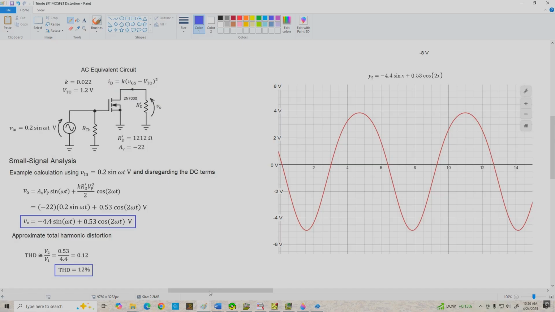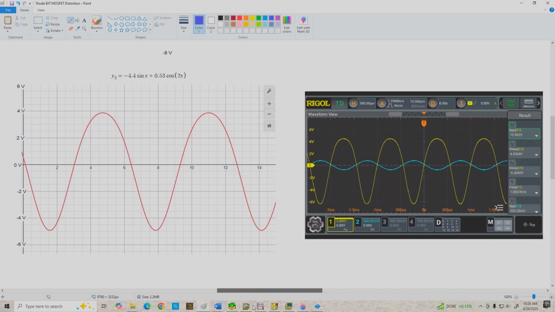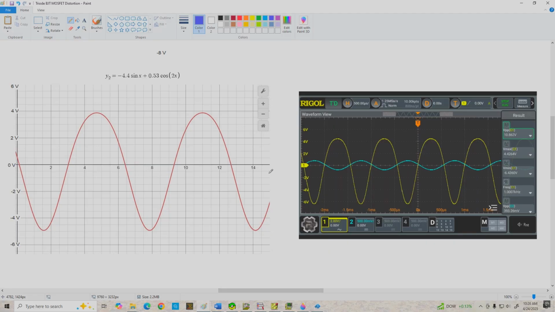And I also pasted in the oscilloscope trace that we got for the actual circuit, and you can see the distortion is a little bit higher in the real circuit than it is for our theoretical analysis here. Our output is reaching a peak of 4.4 volts over here versus a little less than 4 here, and our negative minimum is minus 6.4 as opposed to about minus 5.